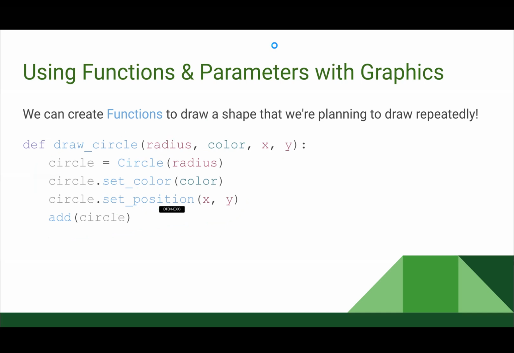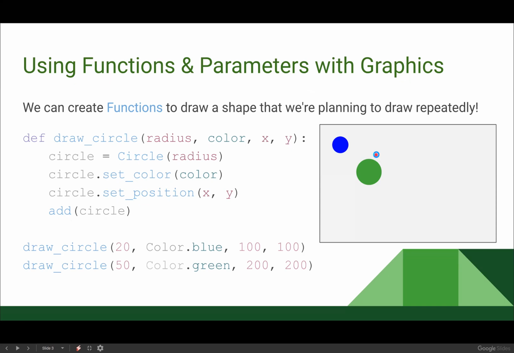And this is going to be very similar to when we made the event handler functions for like the on-click method, when we are handling the clicking on our screen. We were making a function for that as well. So here we are drawing circles with a function.